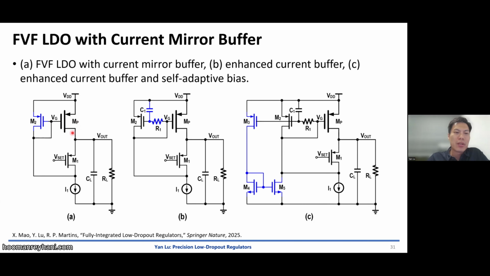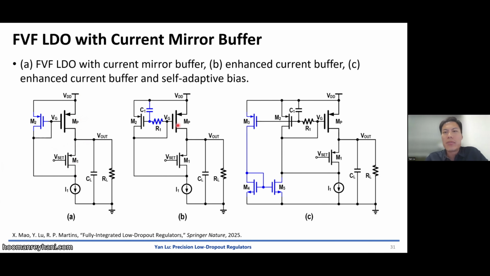That will have leakage current, or we cannot operate this in no load condition because this node cannot go to high voltage. So that's the trade-off here. So we may need a more sophisticated circuit. We cannot simply use this one. This one cannot turn off the power transistor because this node cannot be high.